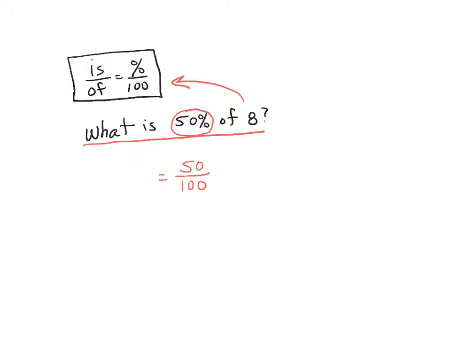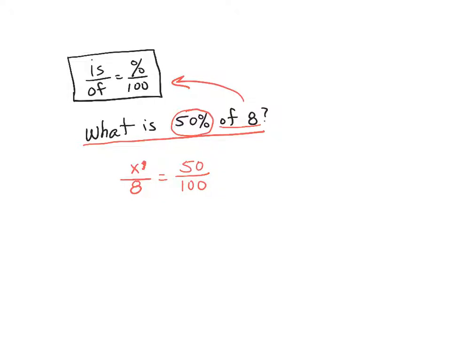It says what is. I don't know what is, so I'm going to say that's my x, or I could put a question mark there, but we tend to use variables right now. It says of 8. The 8 is the of. So I have the proportion x over 8 equals 50 over 100.